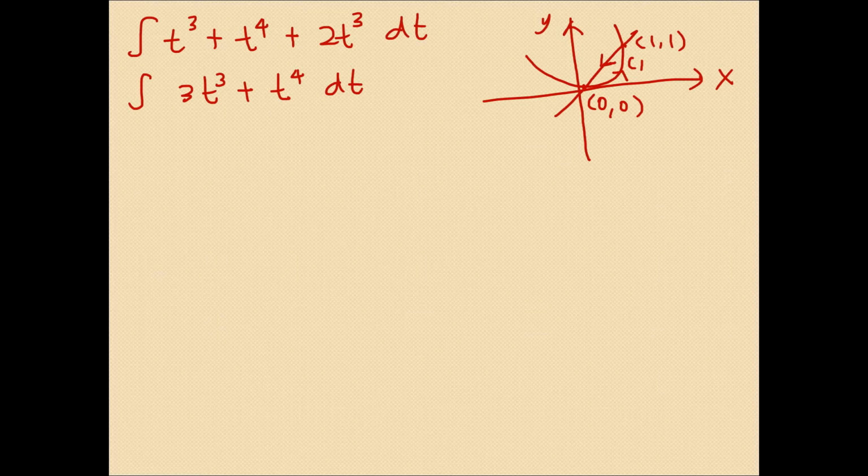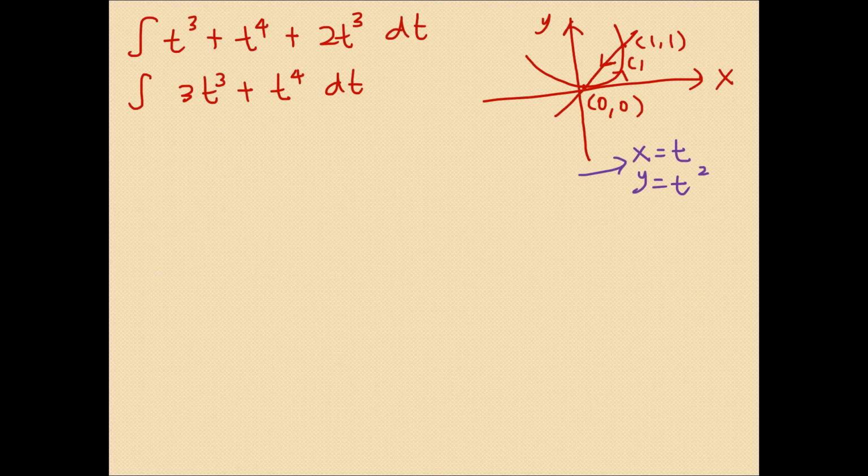Now the limit. Remember how to determine the limit for a line integral. We have the parameterization equation x equal to t and y equal to t squared. Remember, I told you in the line integral, how to determine the limit is based on the equation that you have declared as t.